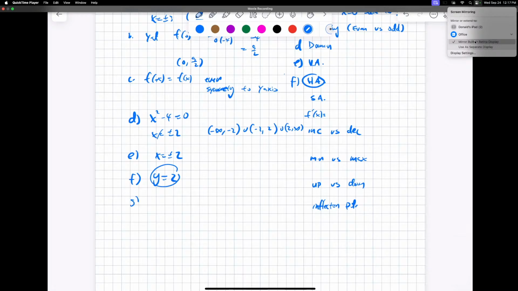If you have a horizontal, you don't have a slant, because slant means the numerator has a degree 1 larger than the denominator. In order to find a slant, you have to do long division.